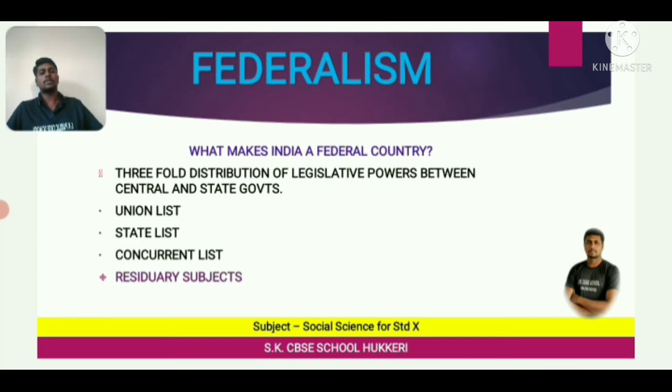And this sharing of power between the union government and the state governments is basic. It is a basic structure of the constitution. The distribution of power between state and central government is a basic structure of the constitution, and it is not easy to make changes to this power sharing arrangement.